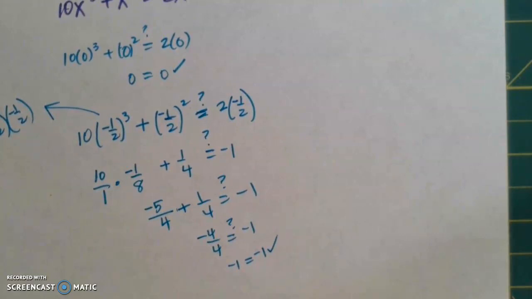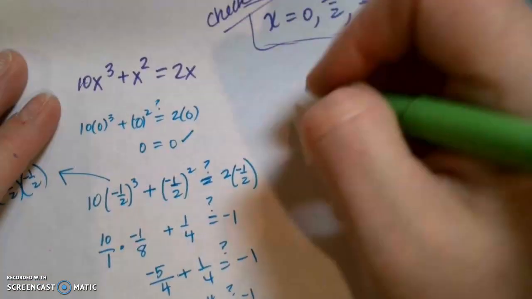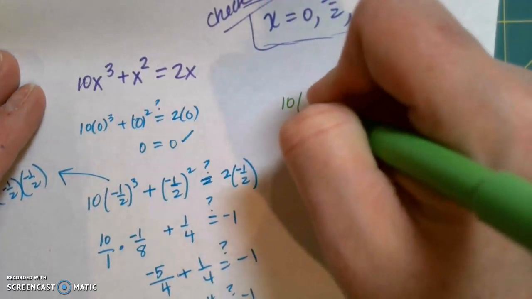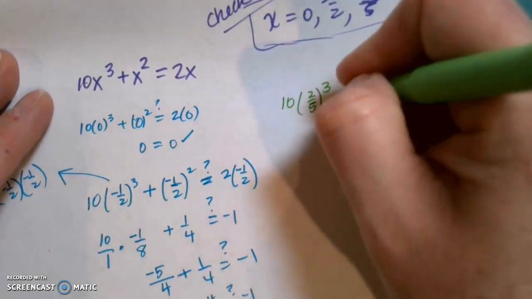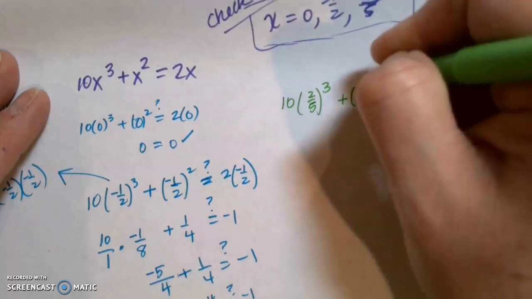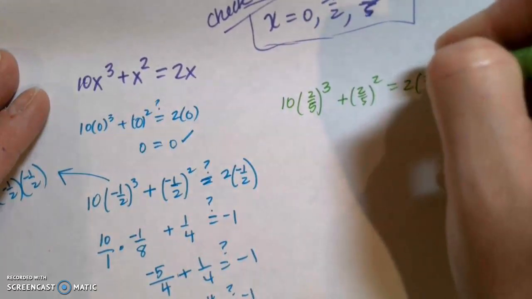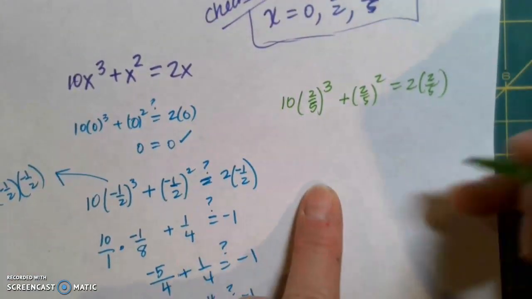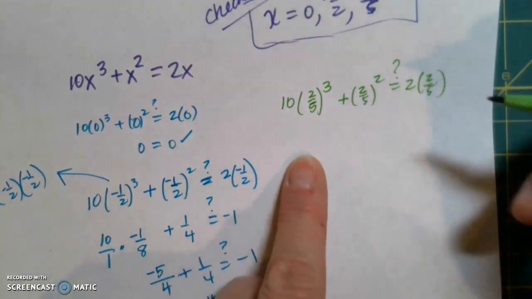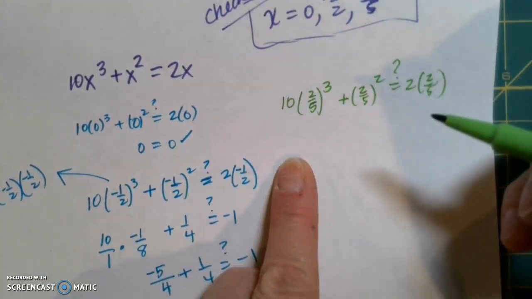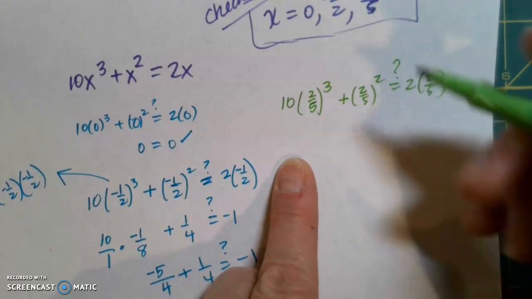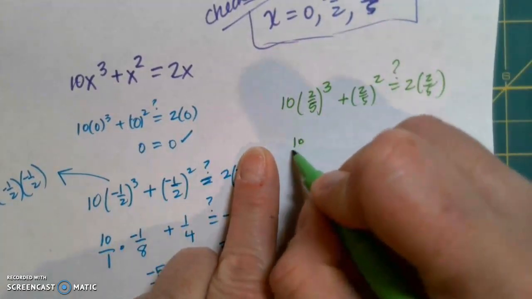We do just need to check that 2/5 one in there. And quickly doing that, and then we will look at some additional examples on the following pages. All right, so 10 times 2/5 cubed. So 10 over 1.